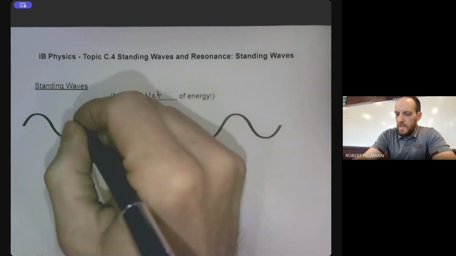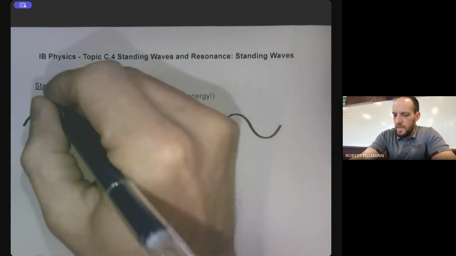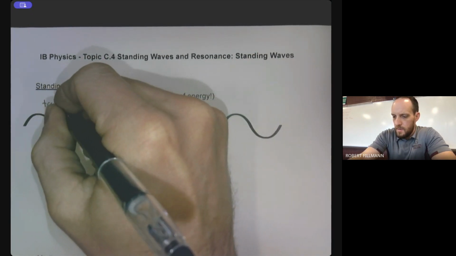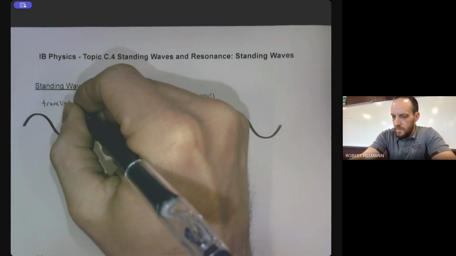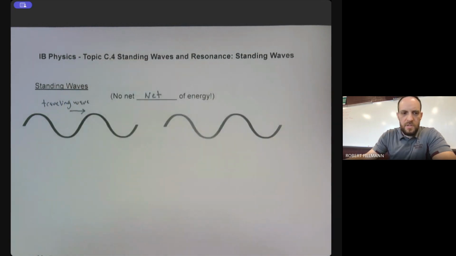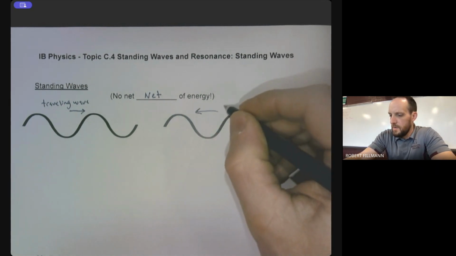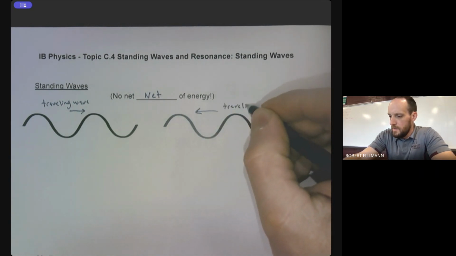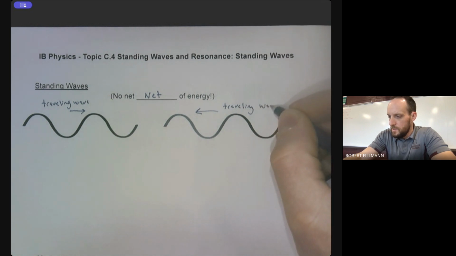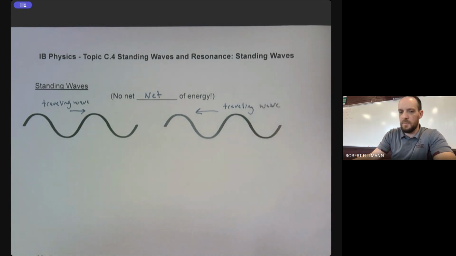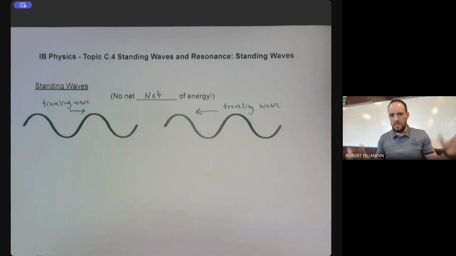When you have standing waves, you have a traveling wave going to the right and carrying energy to the right, and then we have another traveling wave going to the left and carrying energy to the left. But if they're both present at the same time, then there's no net motion of energy. There's just as much energy going both directions as if there's no energy going at all.